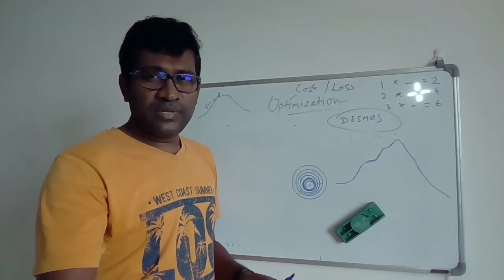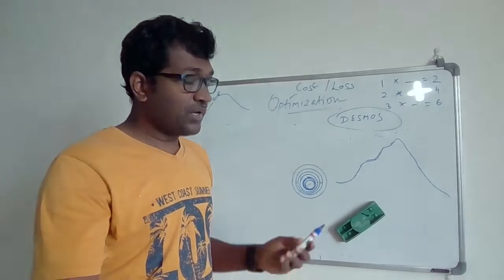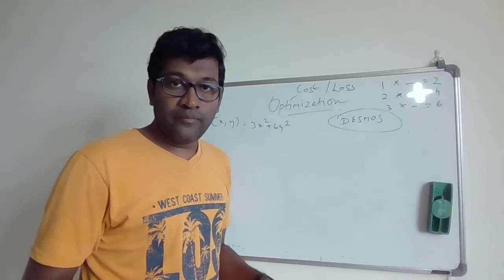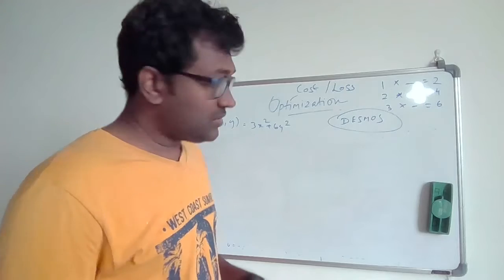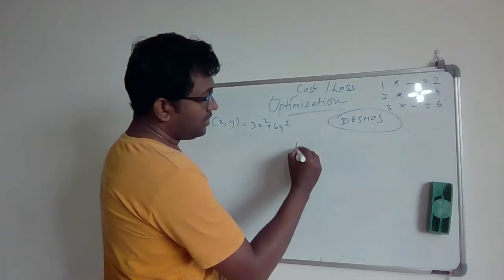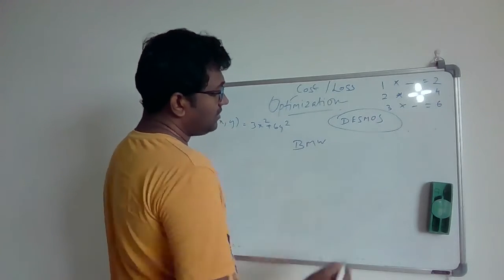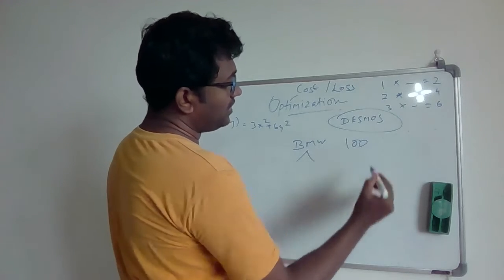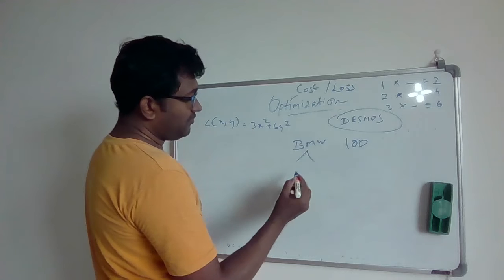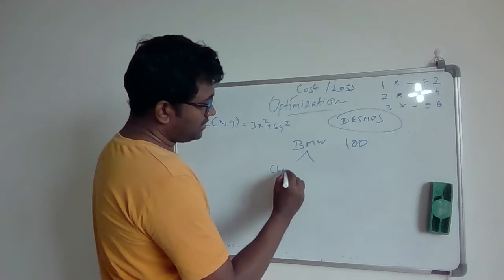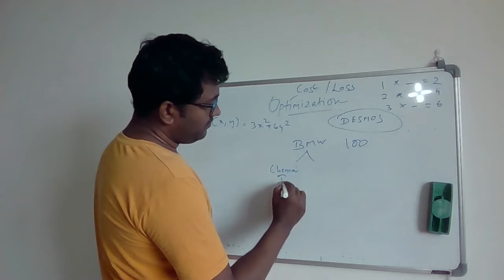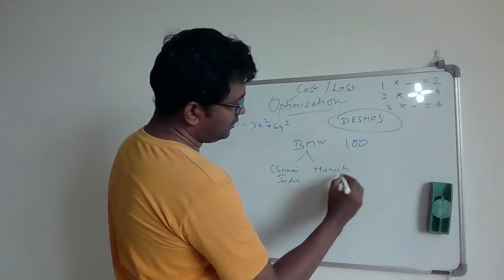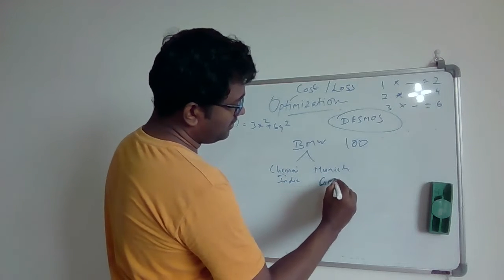We will see one more last example, for constraint optimization, and then we'll close this. Suppose you have a BMW car plant, and they want to produce 100 cars. There is a demand for 100 cars. They have factories in two locations, one in Chennai, India, and another in Munich, Germany.